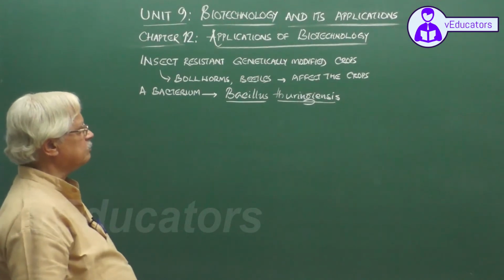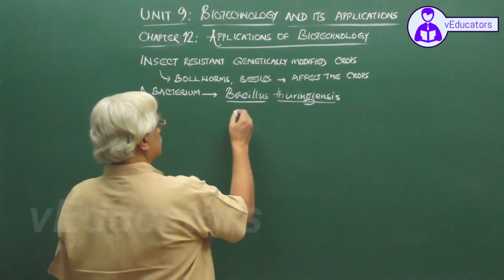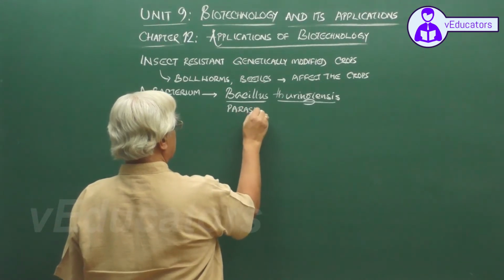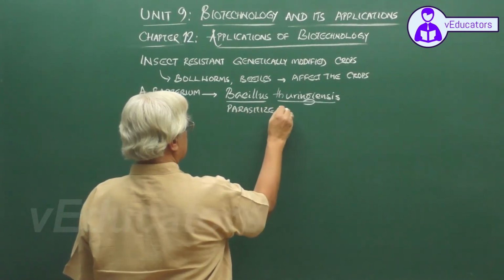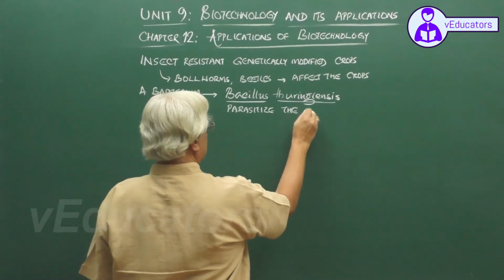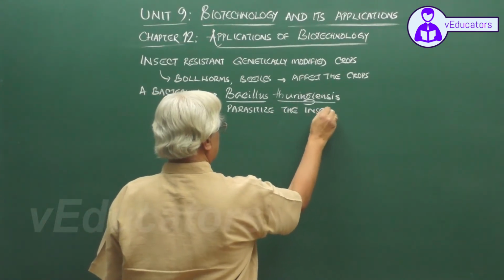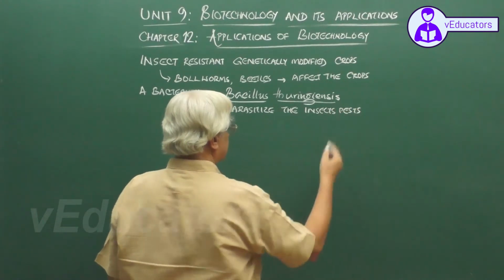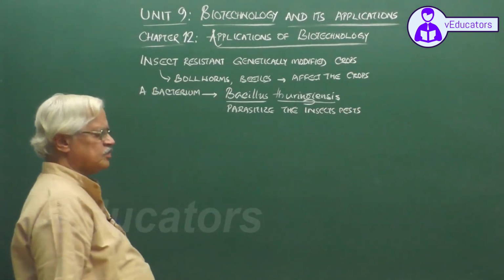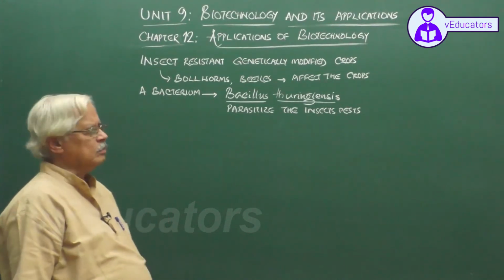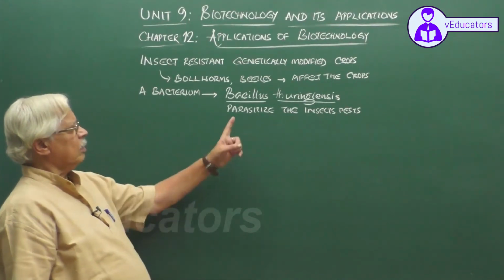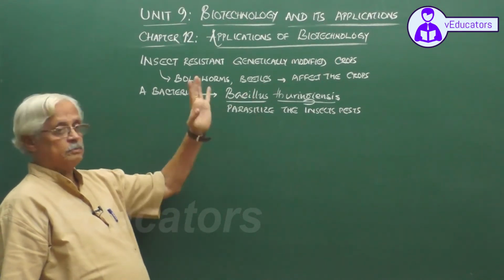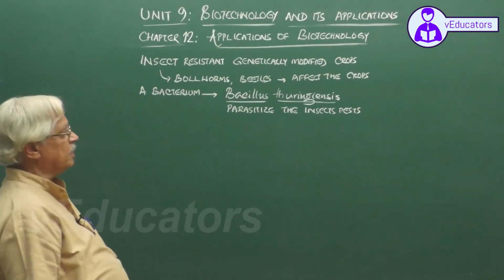This bacterium can parasitize the insect pests, and wherever the insect pests are found to be infected with Bacillus thuringiensis, the pests are known to die.